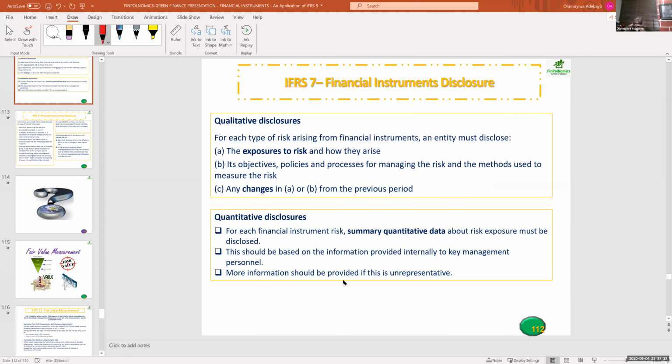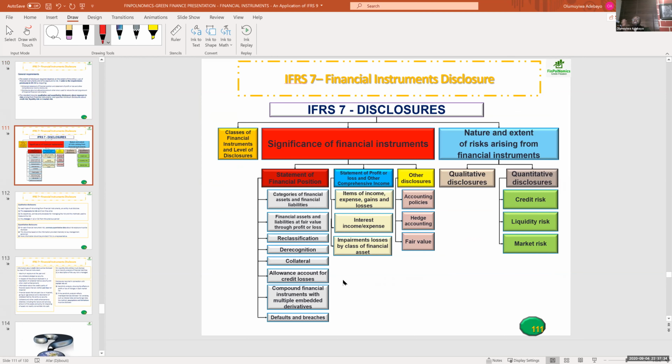Therefore, you disclose the categories of your financial assets and liabilities. Those that are held at fair value to profit or loss, those that are held at fair value to OCI, those that are held at amortized cost. Likewise, your financial liability and what is their fair value, and on what basis do you fair value it? Is it at level 1? Is it at level 2 or at level 3?